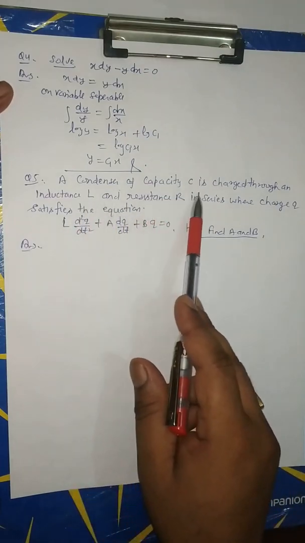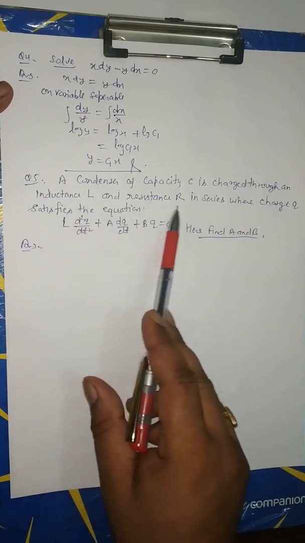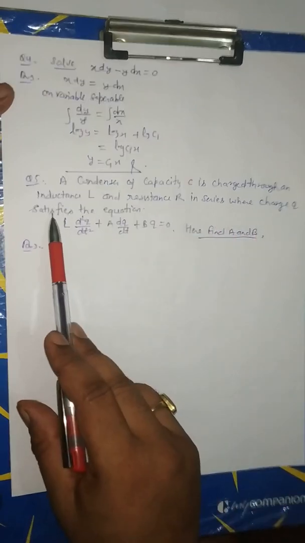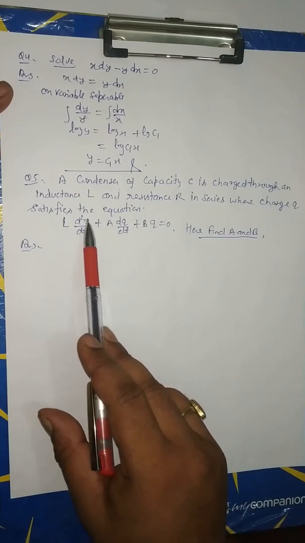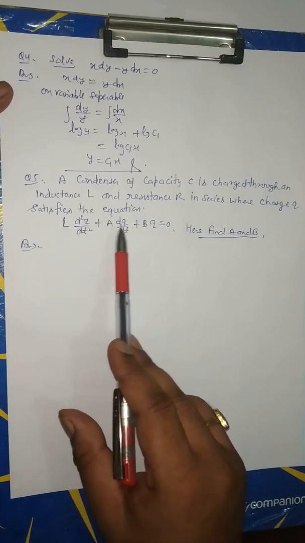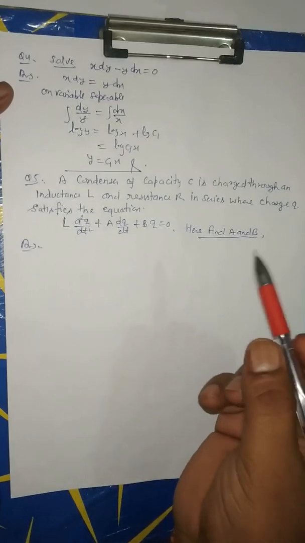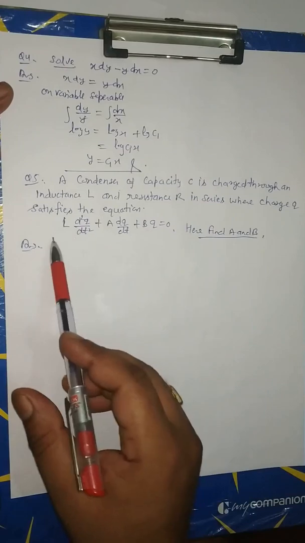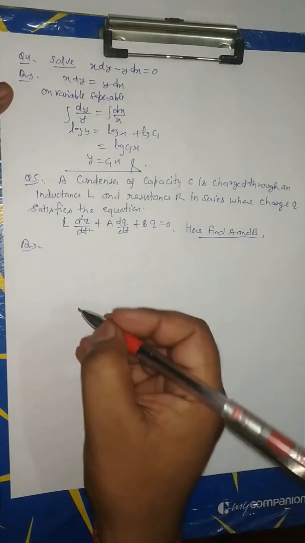A condenser of capacity C is charged through an inductance L and resistance R in series, where charge Q satisfies the equation L d2q upon dt2 plus A dq upon dt plus Bq equal to 0. Here we find the values of A and B. This is the standard equation.